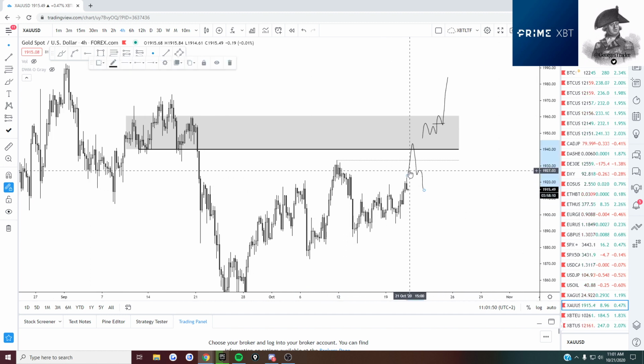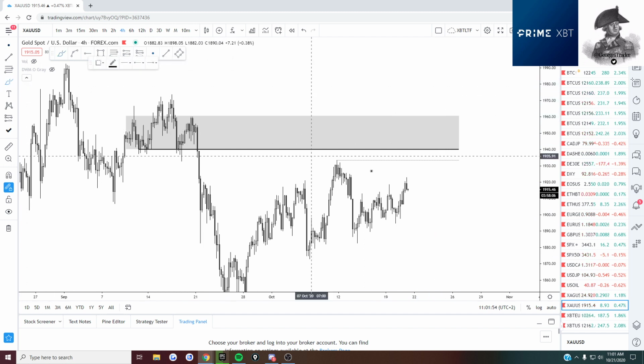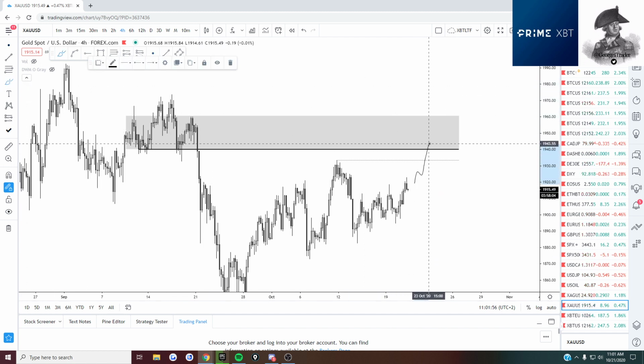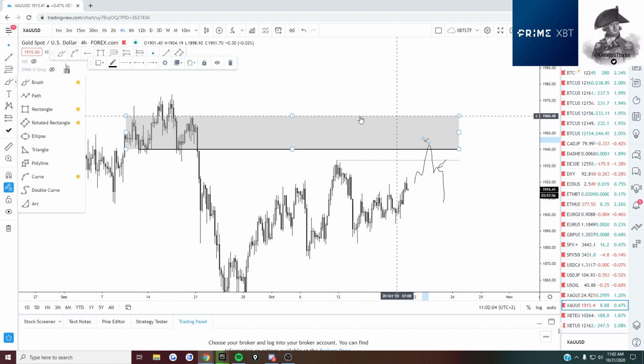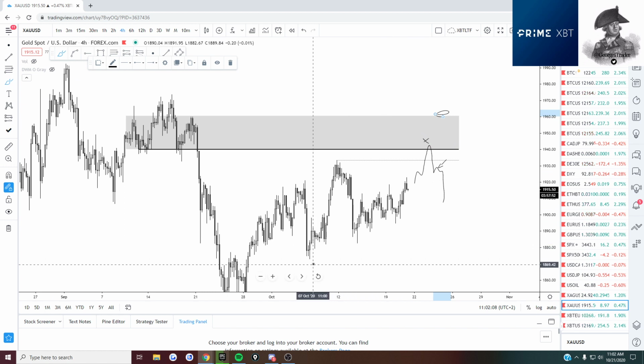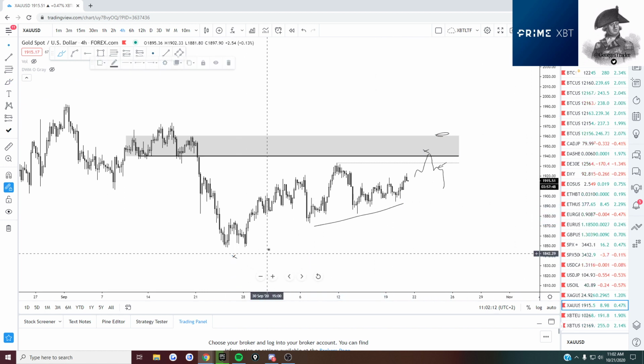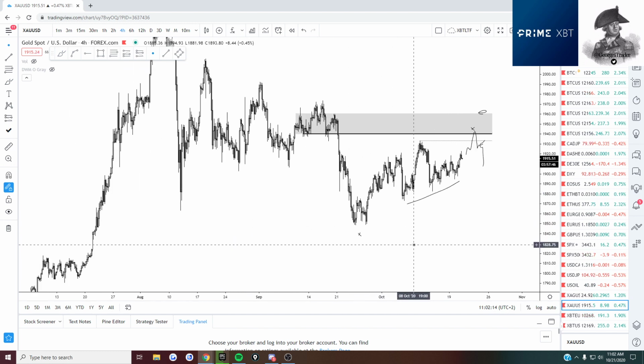So the scenario that I drew here is something like this: upside, boom, in here, and then a breakdown, then that's your short. Stops above here, hard stops maybe above this gray area, and then target all of these clean lows into these equal lows right here.